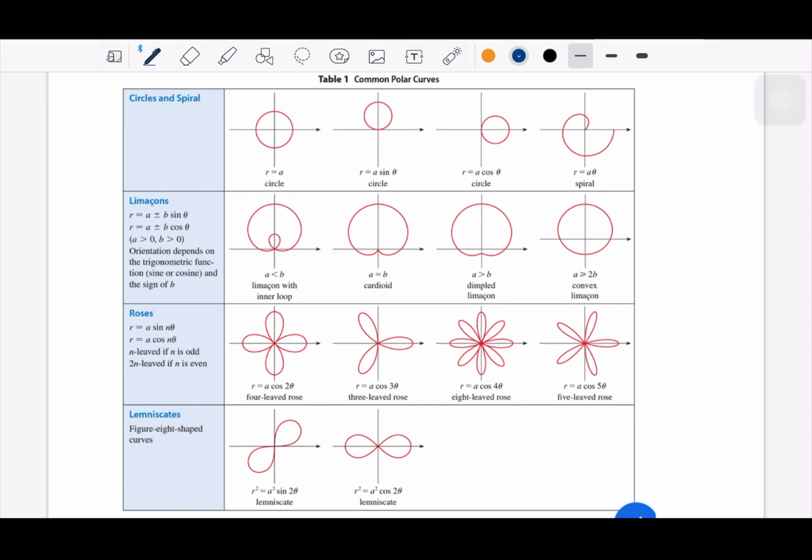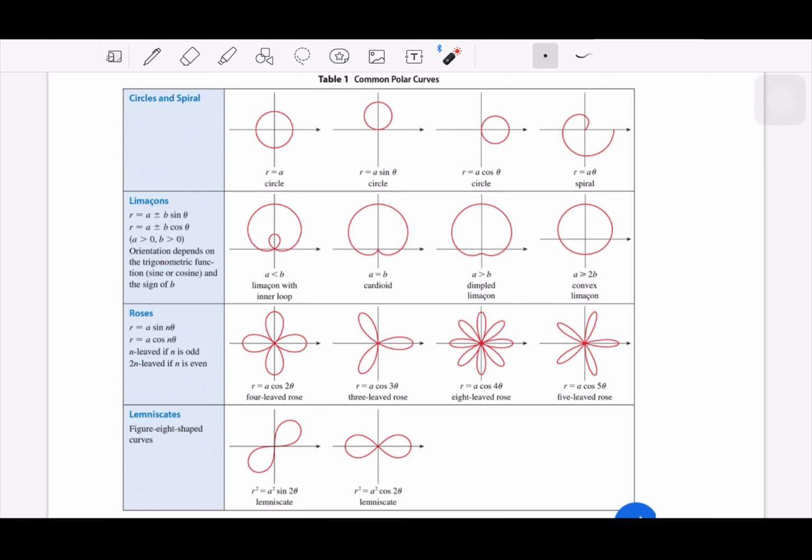And the limaçons, you see the a plus b has a over b, a equal b, a greater than b. And then this is the convex limaçon. It's kind of getting closer to a circle, but it's not a circle yet.